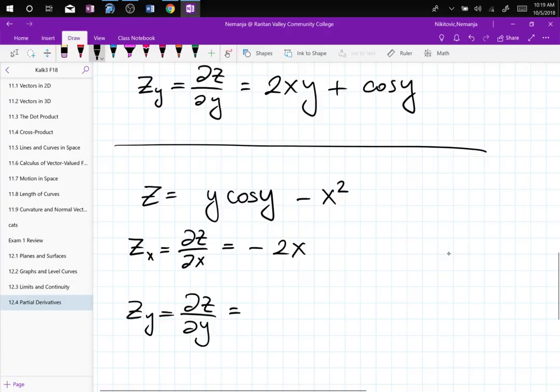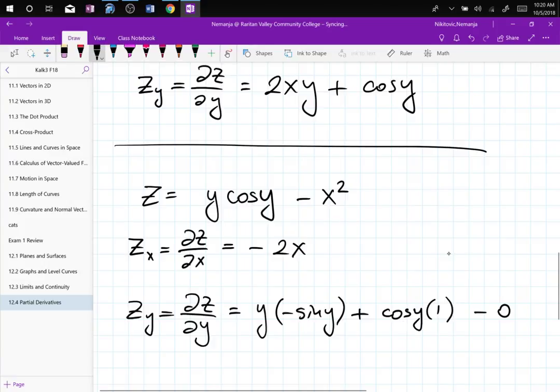This is a basic calculus 1 question. You have y times cosine y. It's a basic product rule. So, copy the first times derivative of the second plus copy the second times derivative of the first, and then the x squared has no y's, therefore minus 0, it's all constant.